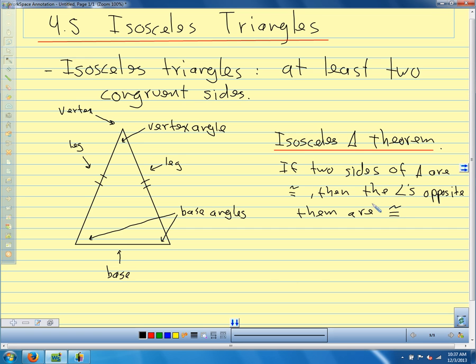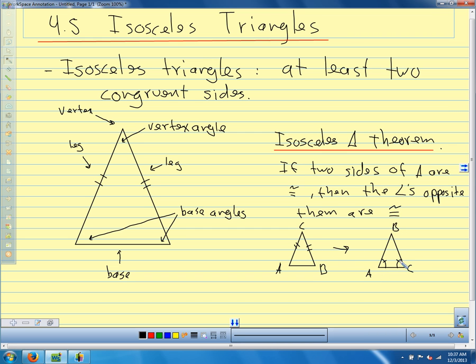So if we draw a picture here of a small isosceles triangle, I'm going to do it a couple of different ways here. I'm going to do this, and then this.